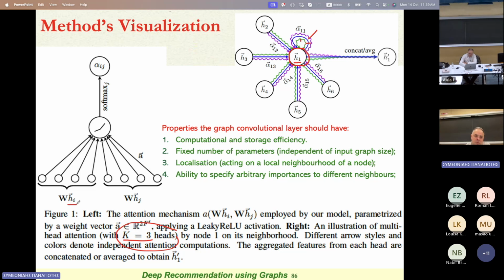This is the target node, and we want to bring information from the features of the HJ node. But we want to compute a kind of importance for these features. Okay, so this is this alpha that we discussed, A here. Okay, alpha is here.